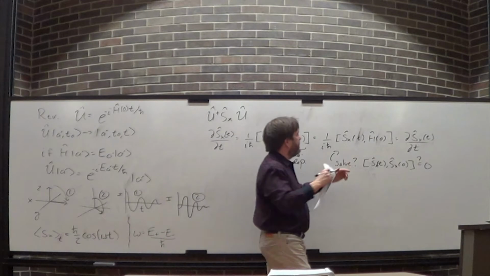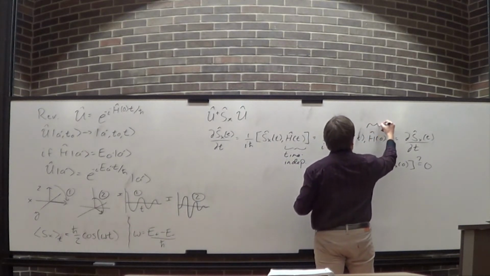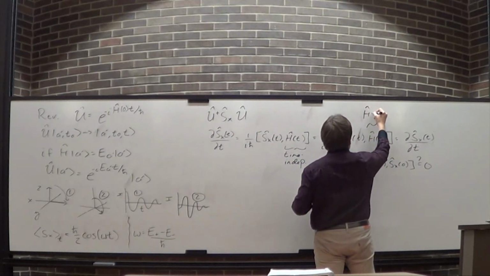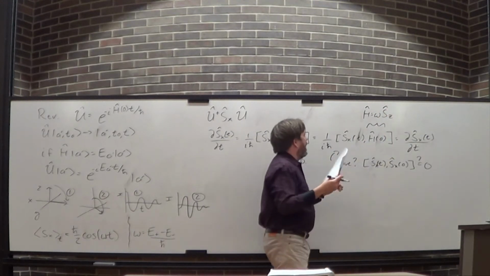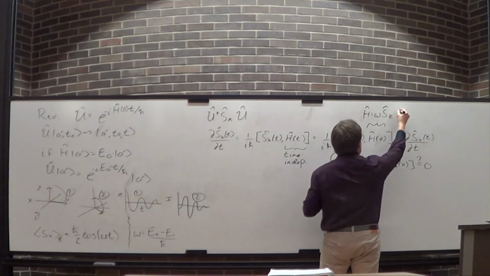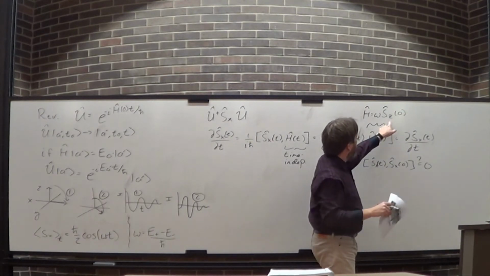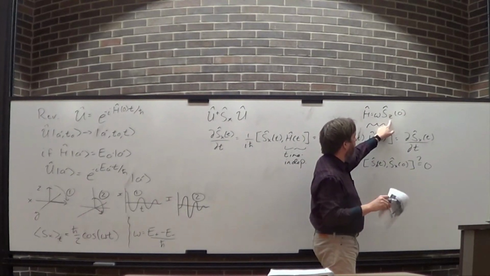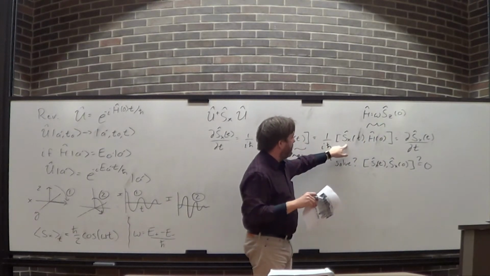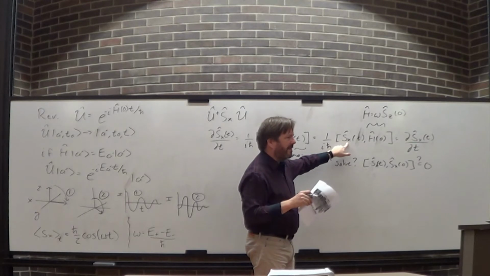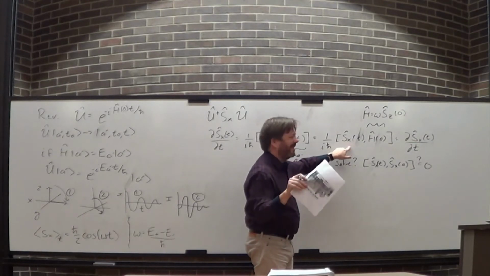So H is, hopefully you recall, Sz, and remember it's time independent. So this is h bar over 2 plus plus minus h bar over 2 minus minus, and that's h bar over 2 plus minus minus h bar over 2 minus plus, something like that. Anyway.